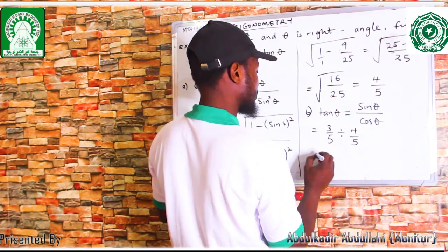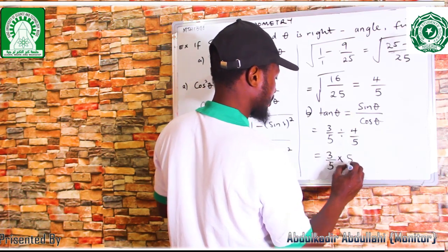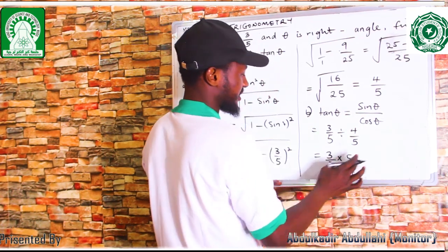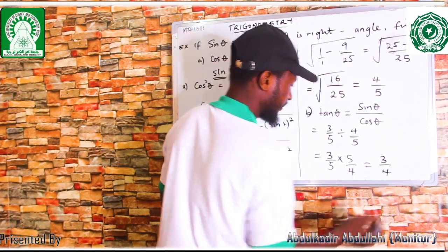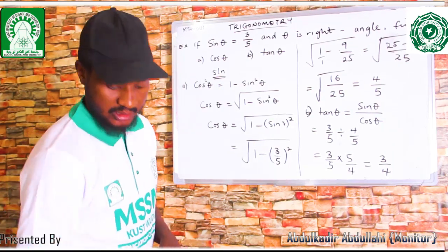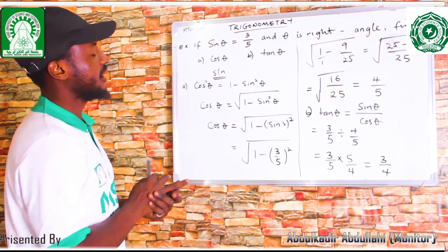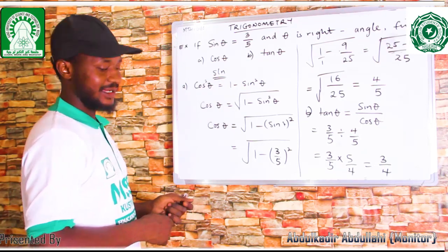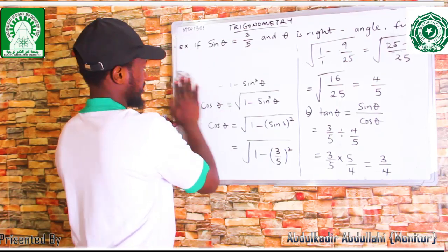Now if we reciprocate, we are going to have 3/5 multiplied by 5/4. 5 cancels 5, and at last we have 3 divided by 4. This is very simple. But there is an alternative way of finding this, that is using the Pythagoras rule. We just use it here.